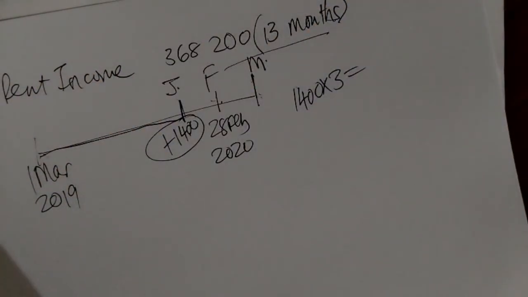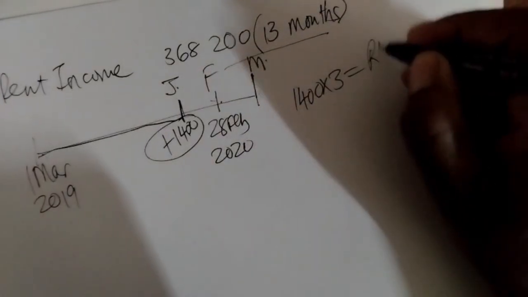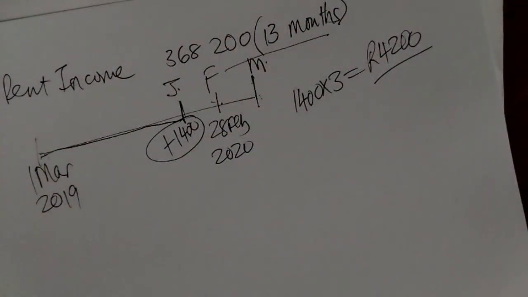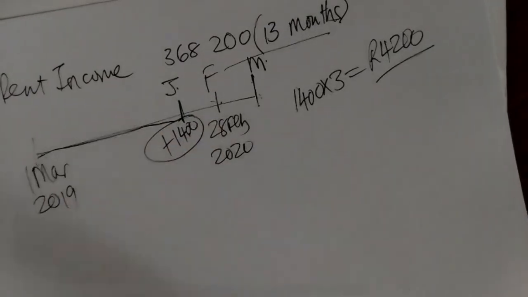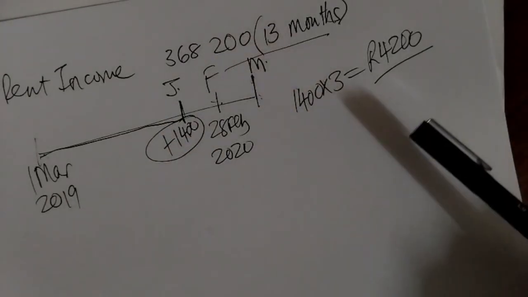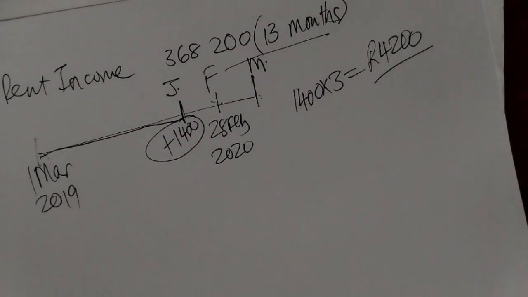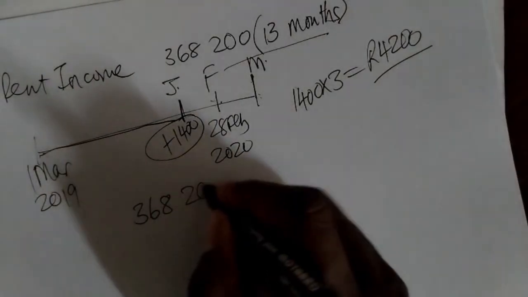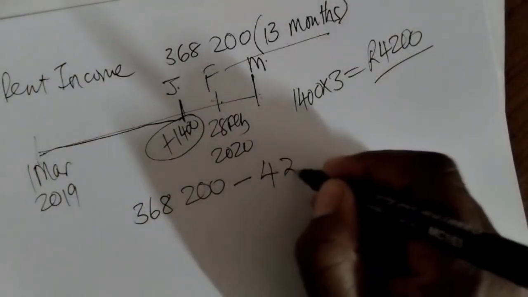On your calculator, 1,400 multiplied by 3 will give you 4,200. So what we are actually saying is that in this rent of 368,200, there's an additional 4,200 which might not have been there if the rent had not increased. So you're going to say 368,200, and then you subtract the 4,200.